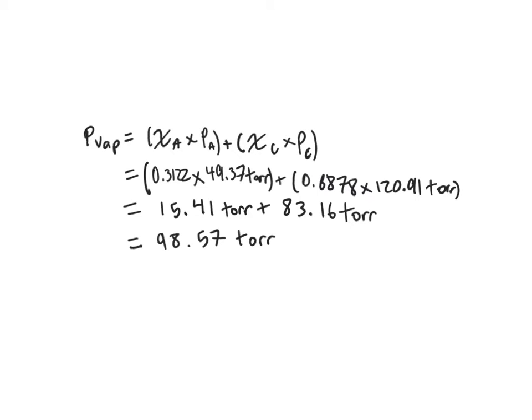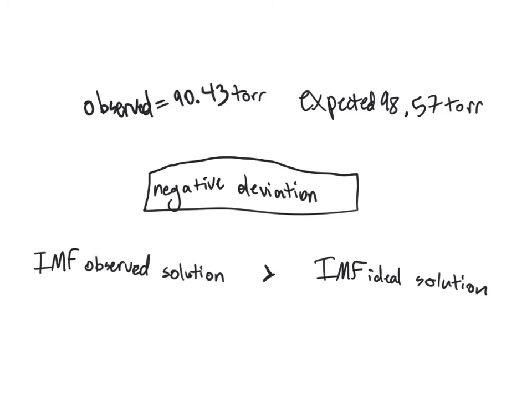So to find vapor pressure, you use the mole fraction of A times the pressure of A plus the mole fraction of C times the pressure of C. And if we input all of our values using the pressures that we are told in the question, and we don't really have to change anything around because everything in this problem is at 20 degrees Celsius, we get 98.57 torr.